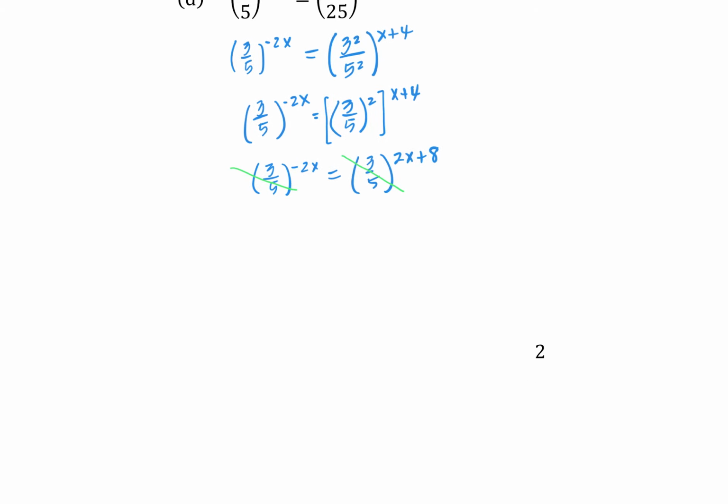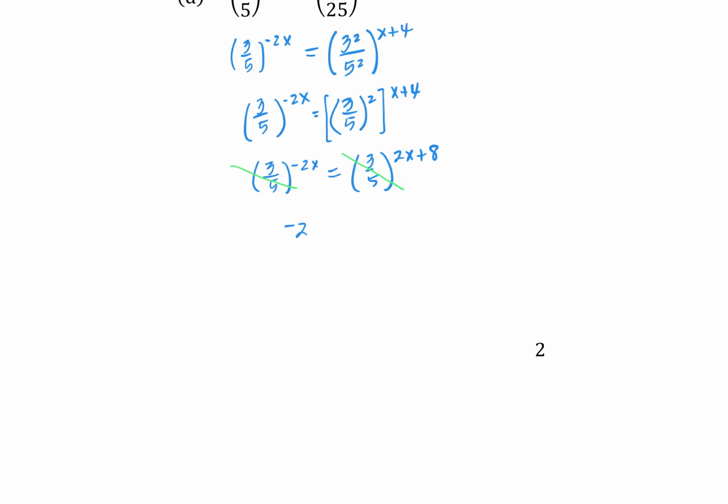And we have negative 2x is equal to 2x plus 8. I'm going to minus 2x from both sides to get negative 4x equal to 8, and then divide by a negative 4. I get x is equal to negative 2. And we can check all of these solutions either by hand or by calculator. They should all work out.